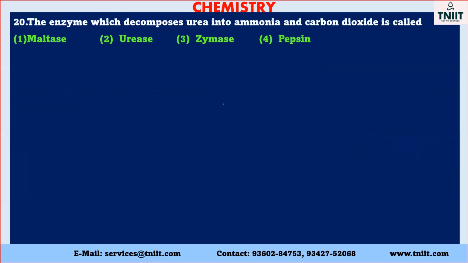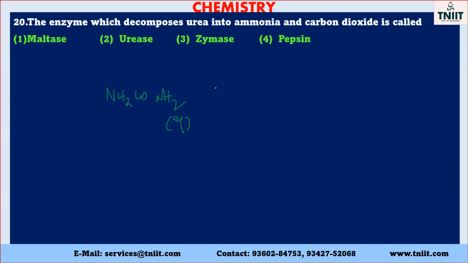The next question: the enzyme which decomposes urea into ammonia and carbon dioxide is called as maltase, urease, zymase, pepsin. So urea is NH2-CO-NH2.